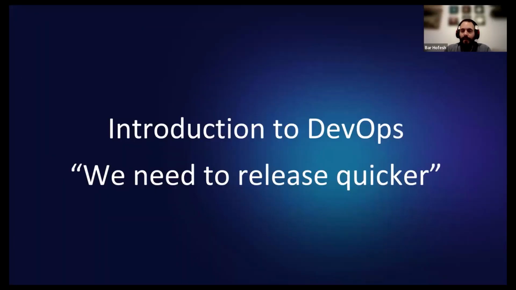But then the world progresses, and we thought, we need to release quicker. We don't want people to wait half a year for a new feature. We want to push more software. We want to get features quicker. We want to update things, right? When we have bugs, even not security related, we just want to develop quicker.